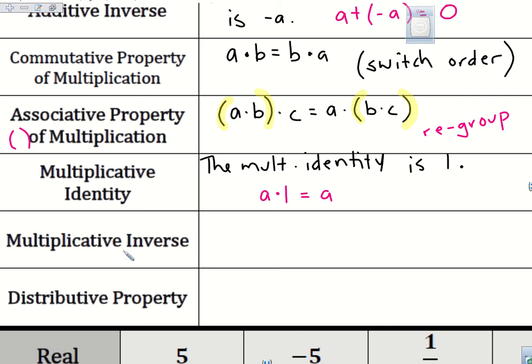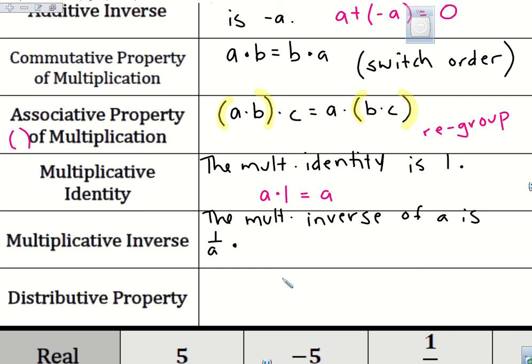Multiplicative inverse. I want you guys to write here the multiplicative inverse. And again, I'm going to shorten the word multiplicative. The multiplicative inverse of A is 1 over A. Okay.